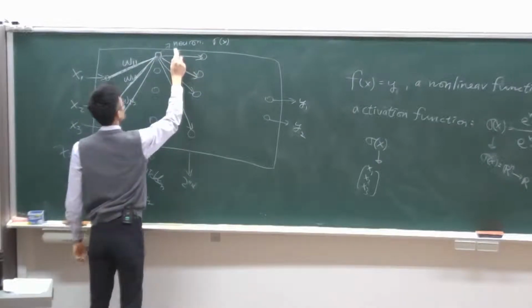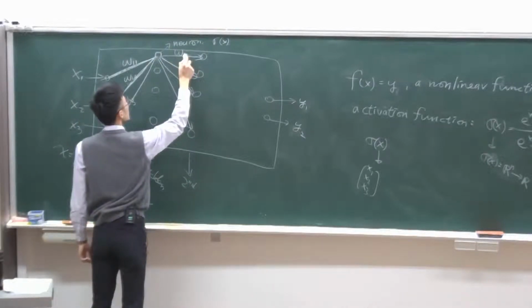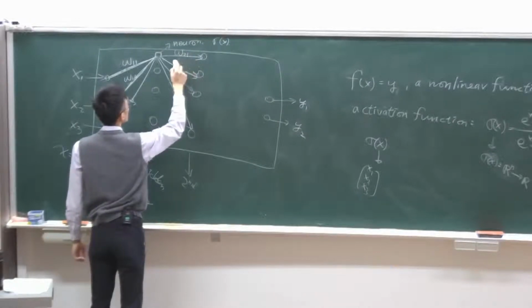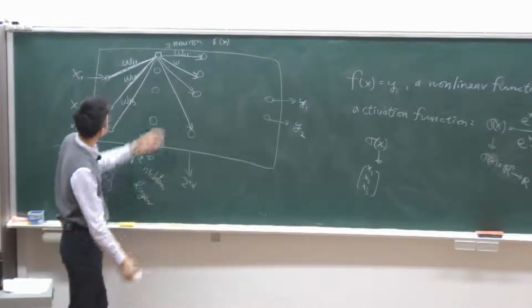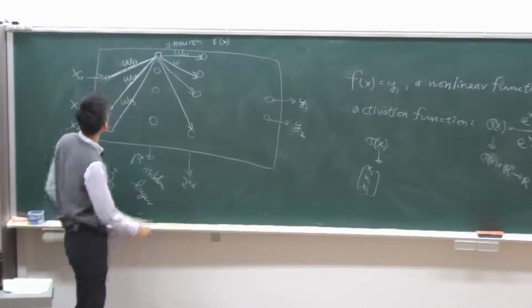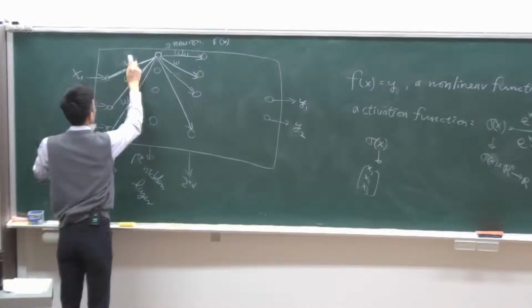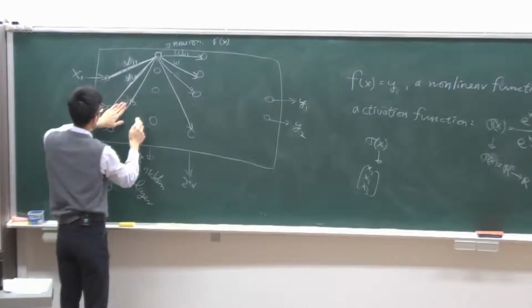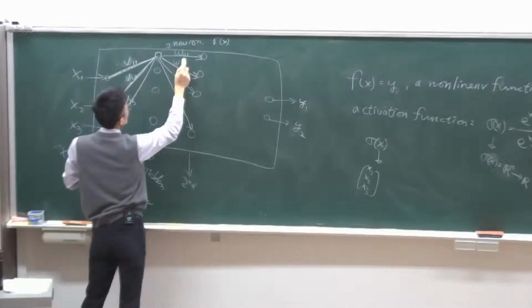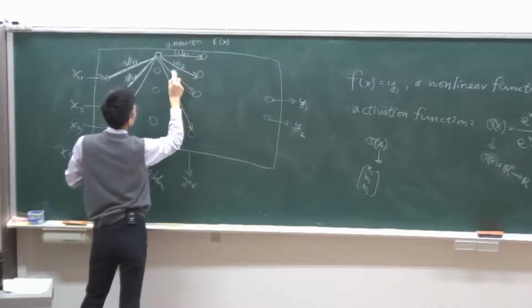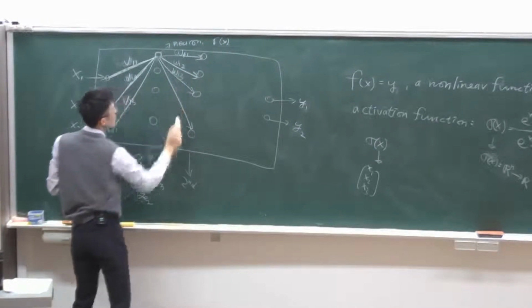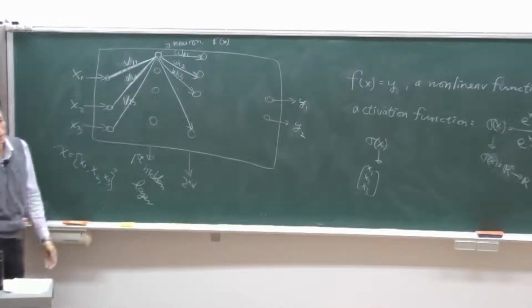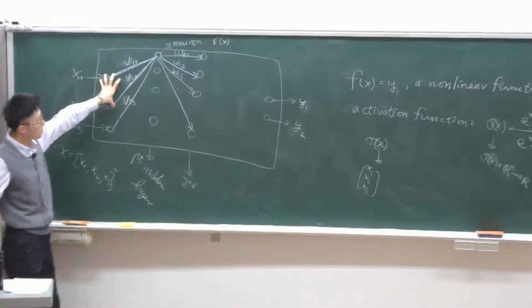They also come with W21 and another W. So here we are doing linear combination.